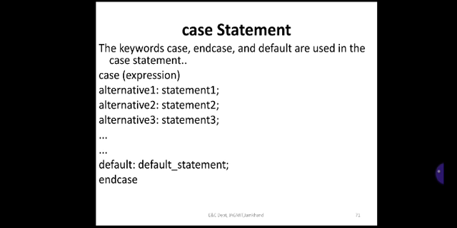If it matches alternative 2, statement 2 is executed. If it matches alternative 3, statement 3 is executed. You can have multiple statements within these also. If you have multiple statements, they can be grouped with the begin and end keywords. Like this, n number of alternatives you can write here.